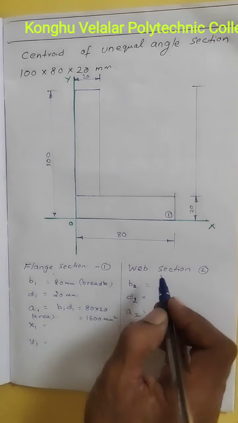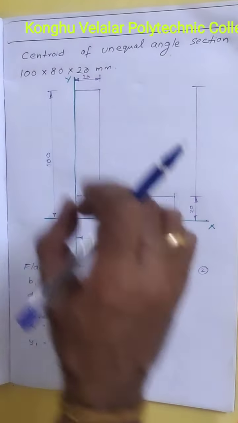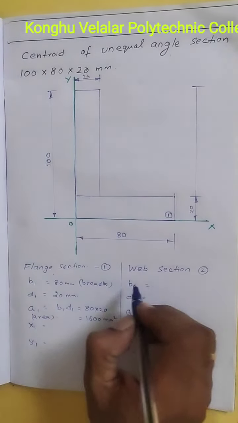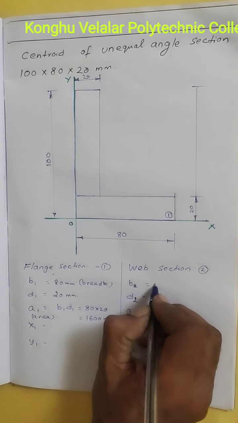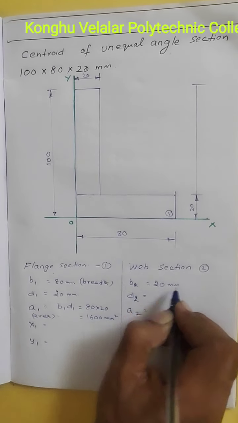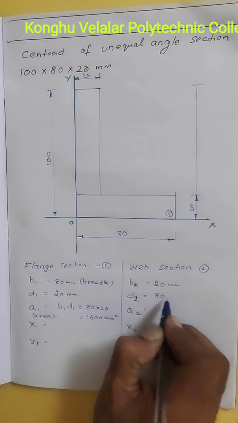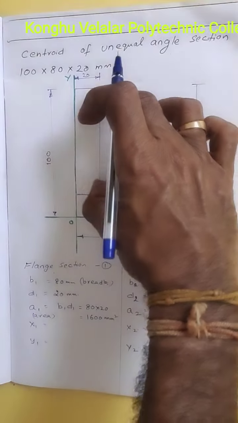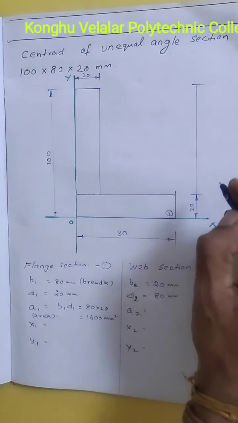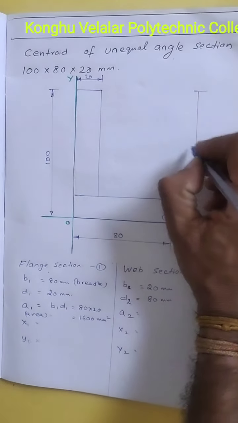And coming to the web section, this is the web section. The breadth is 20 mm, and the depth is 80 mm. See, only this is the depth, so this will be 80.